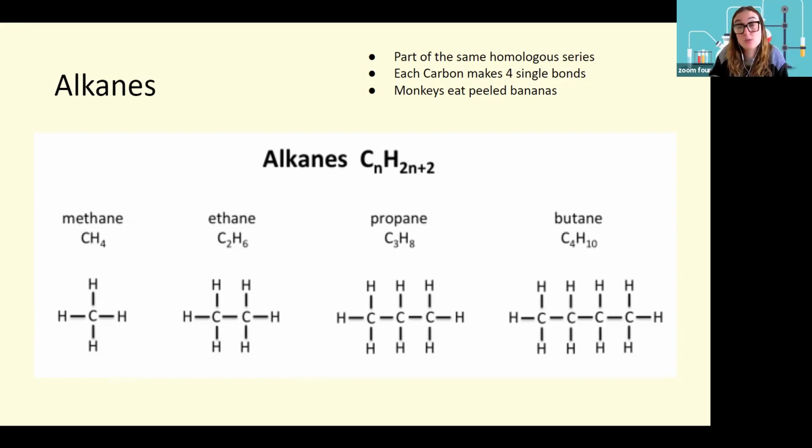That will make more sense when we look at alkenes. So for now, it's important to note that alkanes, we name them with the ending of their name. We put the ane bit at the end. And the first part of their name comes from the number of carbons they have in the chain. Alkanes make 4 bonds around each carbon, 4 single bonds, normally in like a cross shape.